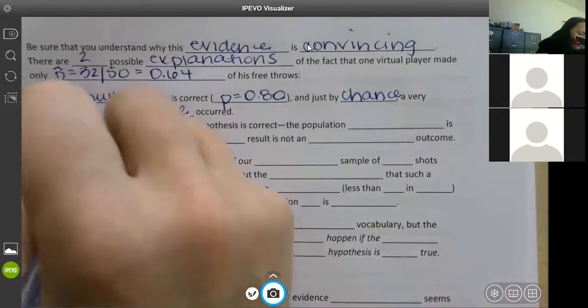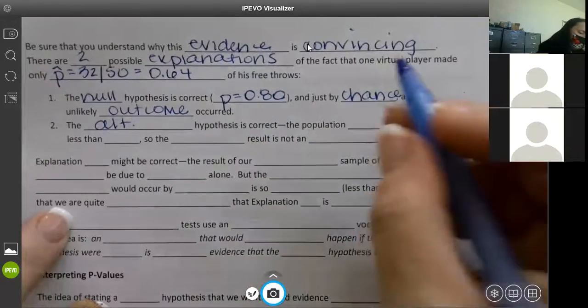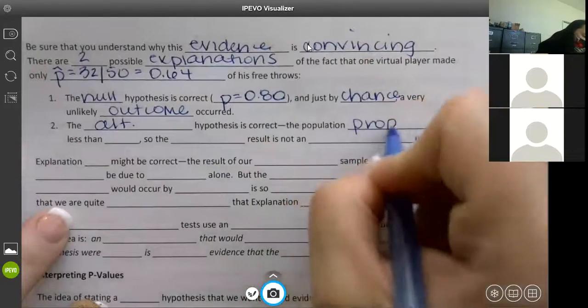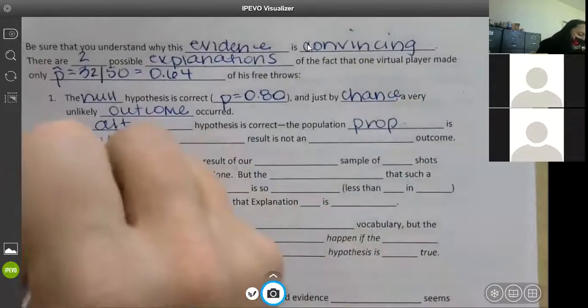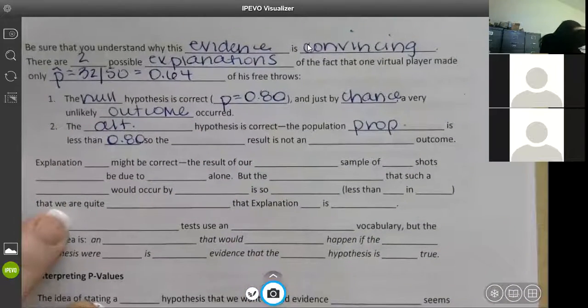Or the alternative hypothesis is correct. The population proportion is less than 80%.